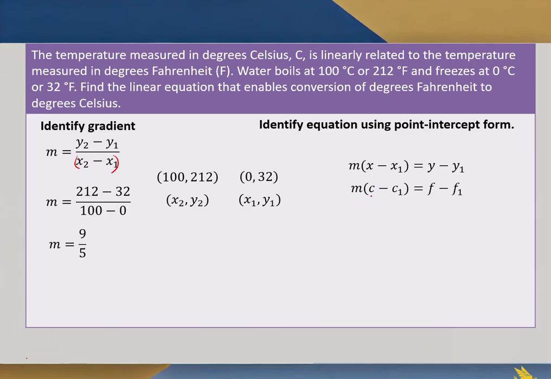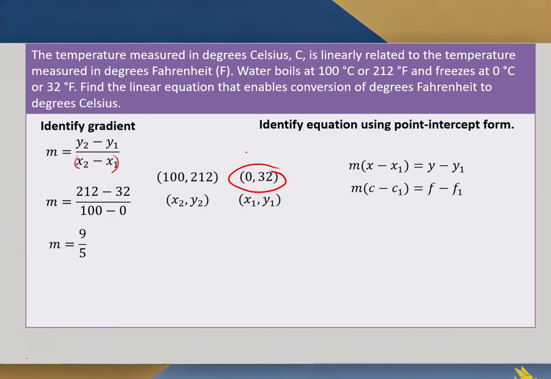Another thing you would have noticed I've done, I've changed my x's to Celsius and my y's to Fahrenheit, just so we've got that clear relationship between them. I'm going to substitute in 9 over 5, my gradient, and I've picked this point here for my C and for my Fahrenheit.